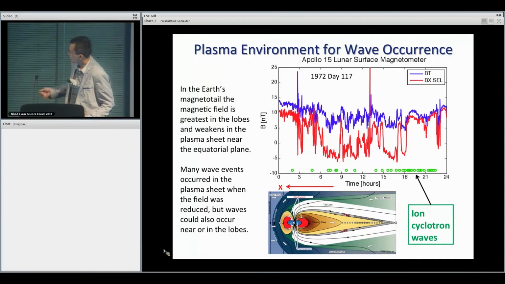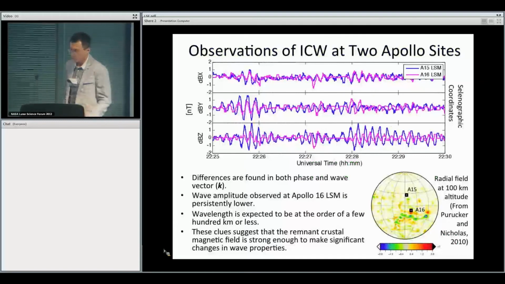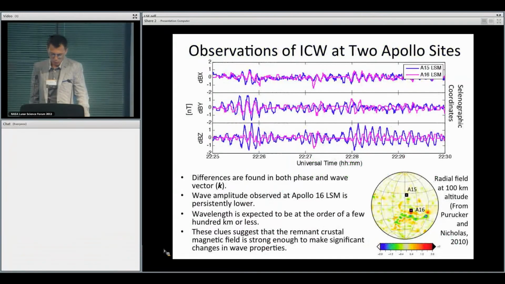But it seems like there are some wave events observed away from the plasma sheet, but we're not sure if they were observed in the tail lobe without much plasma density. That is something we still want to work on with the Apollo data team to find out more about the plasma environment. But it seems like the plasma sheet particles can be very important in generating these waves.